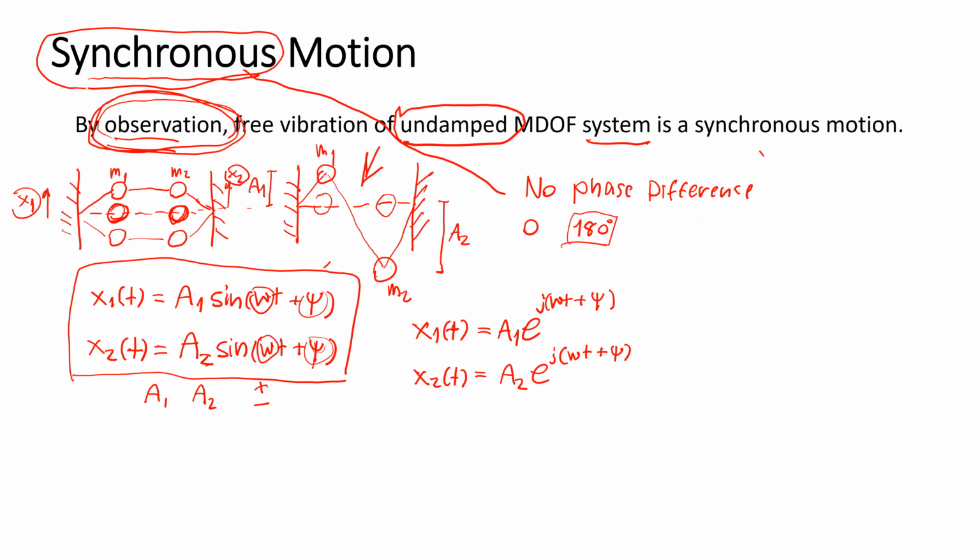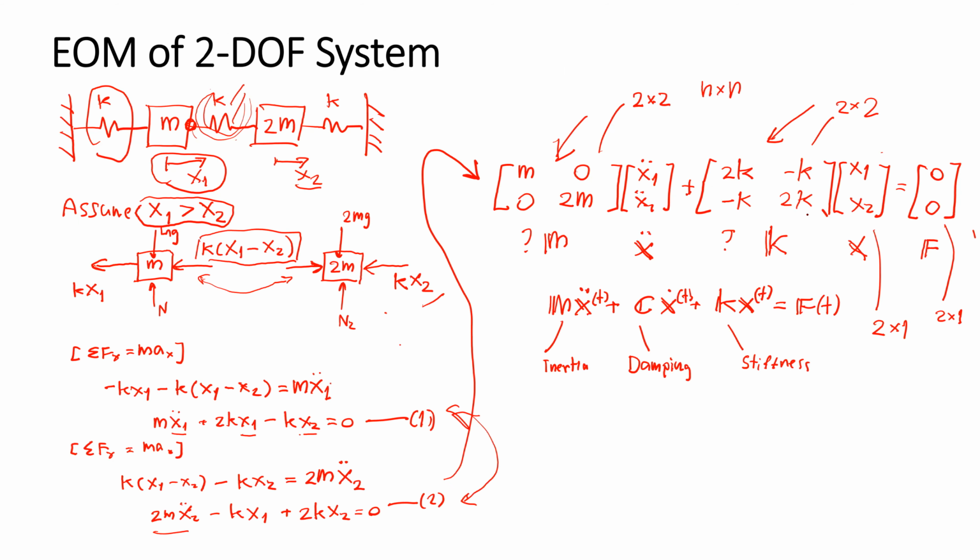When we rewrite the equation of motion, we have the mass matrix m, 0, 0, m, multiplying x1 double dot, x2 double dot, and the stiffness matrix 2k, minus k, minus k, 2k, multiplying the displacement vector, equal to 0.